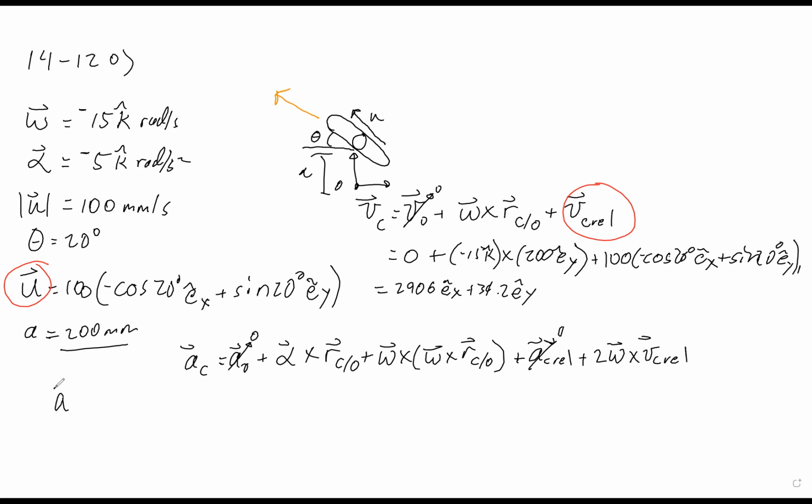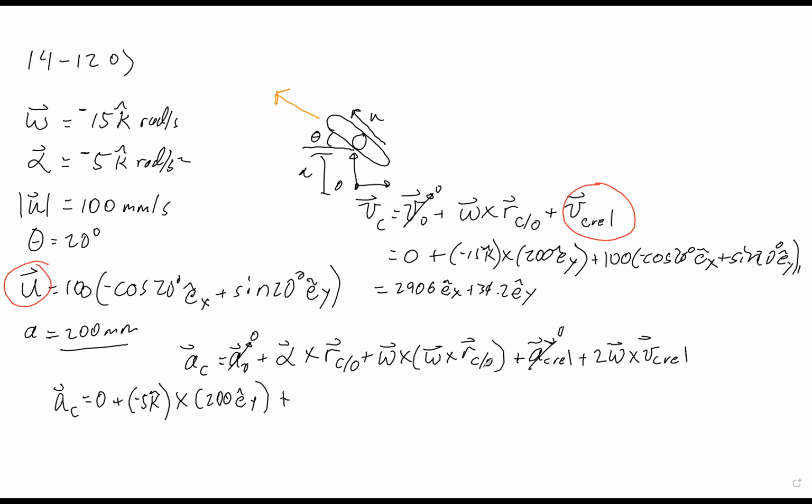So a sub c is equal to 0 plus the angular velocity given, negative 5 k hat, crossed with 200 e hat y. That is the position. Then the next term is going to be the omega.